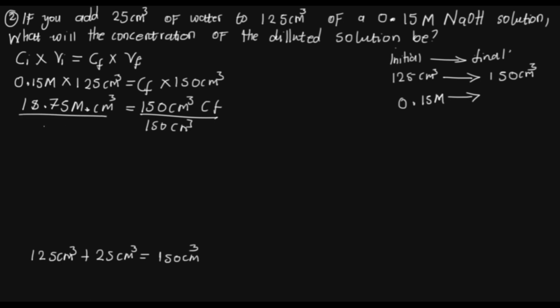Even here we divide by 150. So we can cancel this. We have final concentration is equal to, this will give us 0.125 molar of sodium hydroxide. So this is our final answer.